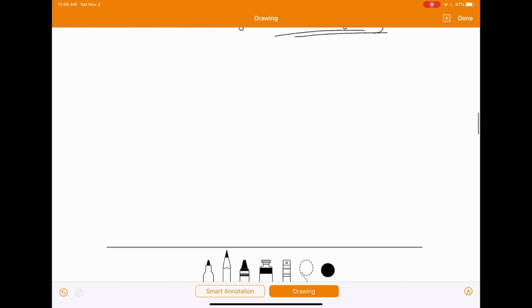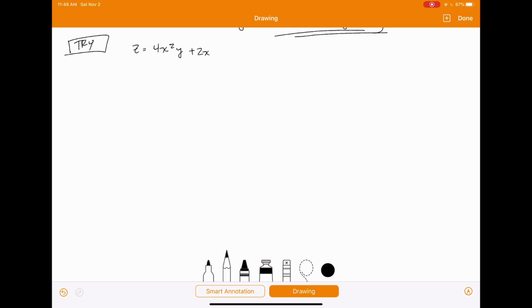All right, so go ahead and try one of these on your own. Say we have z equals 4x squared y plus 2xy squared minus 3xy plus 4x squared minus 2y, and you want to find the partial derivative with respect to x, so dz dx.